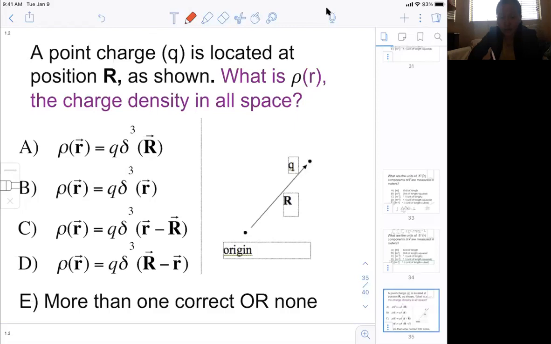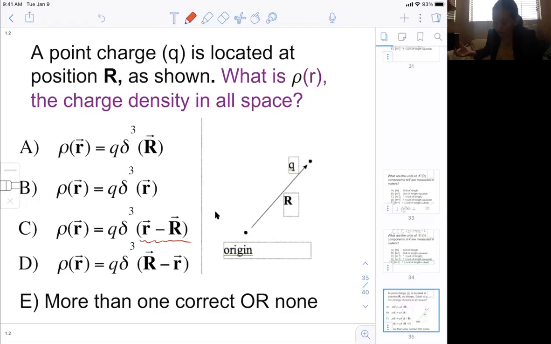I believe, if I remember correctly from the reading, it was C, where the R would be A in the formula from the book. So this describes that wherever your field point is at the location R equals capital R, it is non-zero, and everywhere else except that point it is zero. Yes, that does seem to represent what I want.